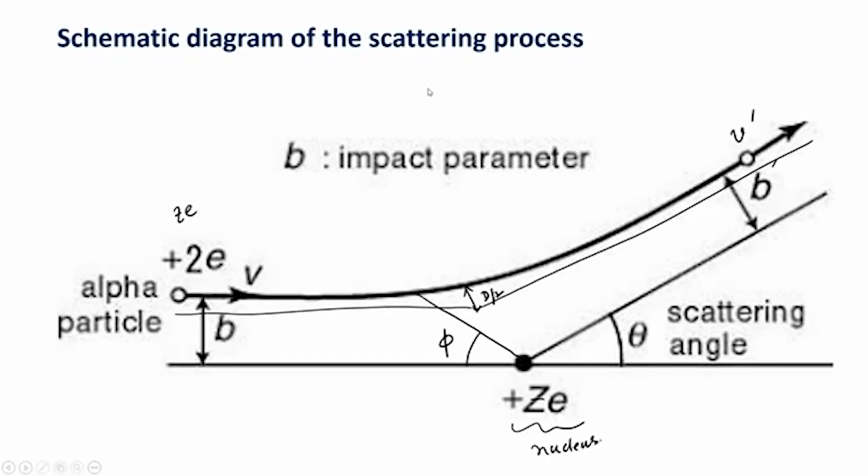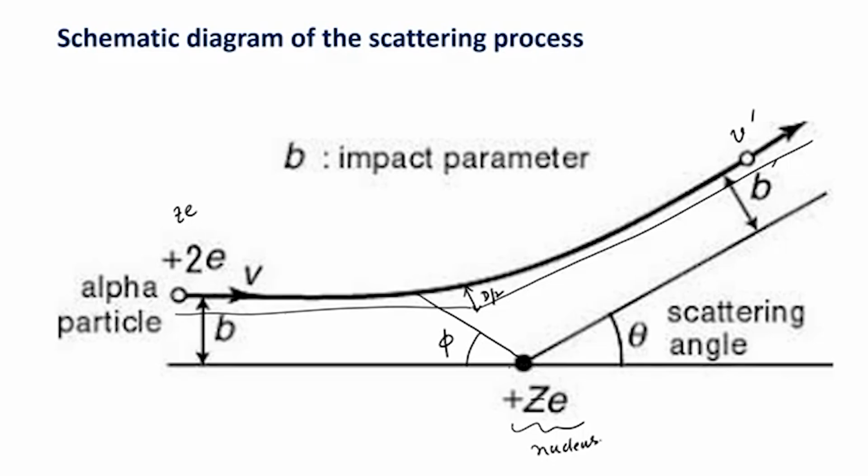We can show that V equals V prime, I am writing it as a scalar quantity, and b equals b prime. Now V is of course the speed of the particle, and b is the distance of closest approach, that is, the distance over which it can approach the location of the nucleus.